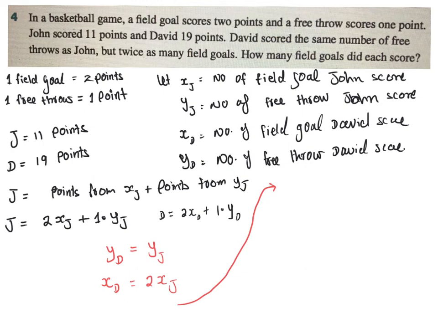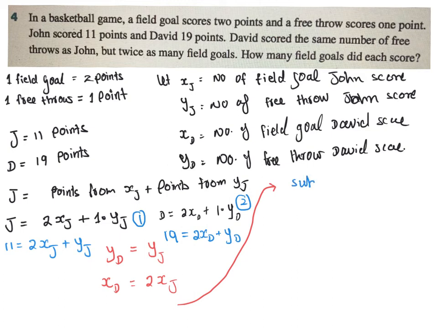Let's label this one as 1 and that as 2. So j equals 11 equals 2xj plus yj, or 19 equals 2xd plus yd.